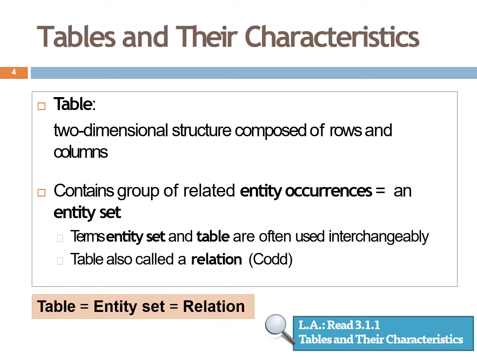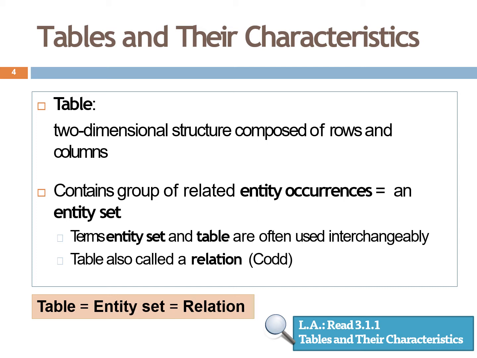So what is a table? We have started seeing a table from the last topic. So a table is two-dimensional. We have row and column of a table, and a table itself is a set of entity occurrences. So meaning that in a table as an entity, it has the occurrences, maksudnya kejadian.